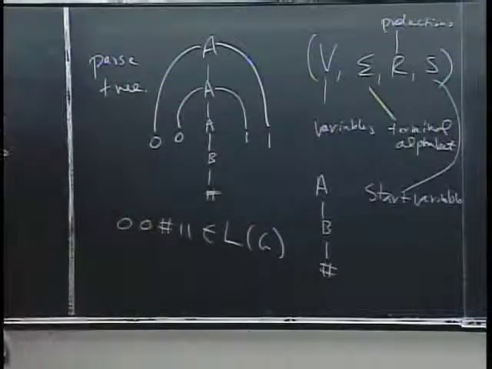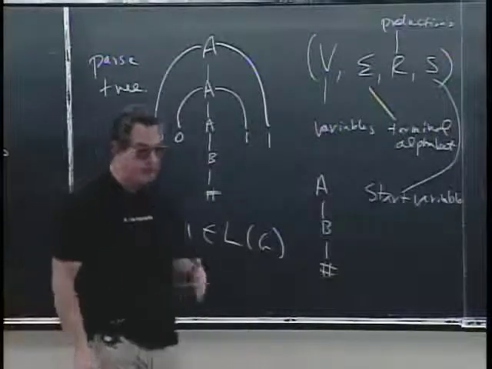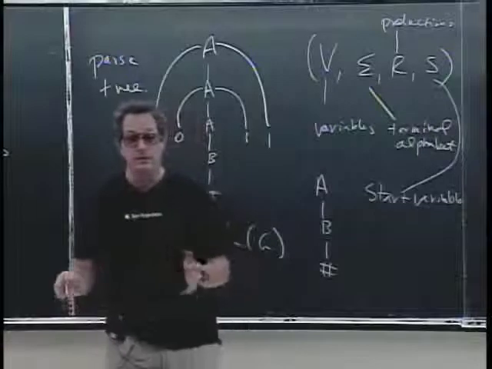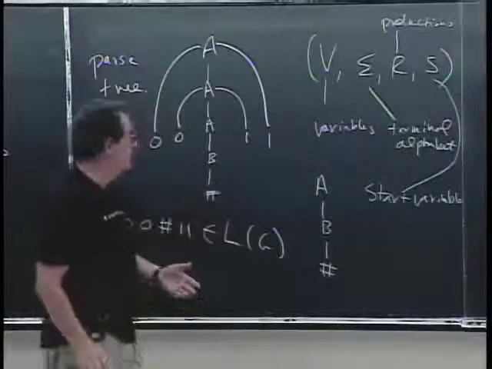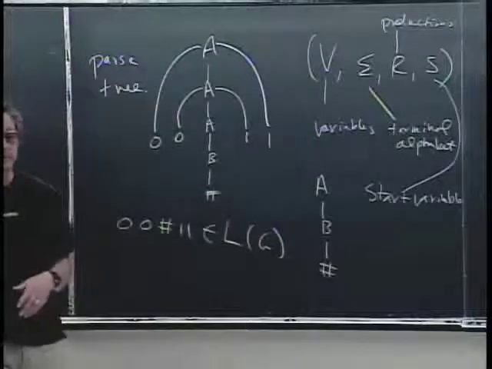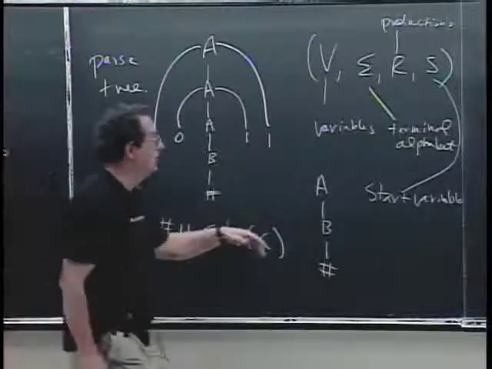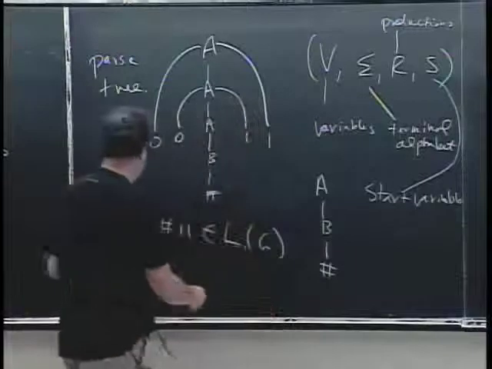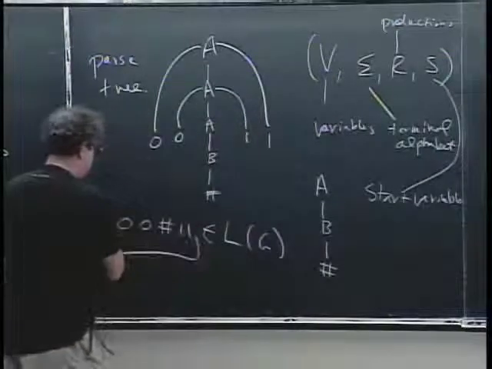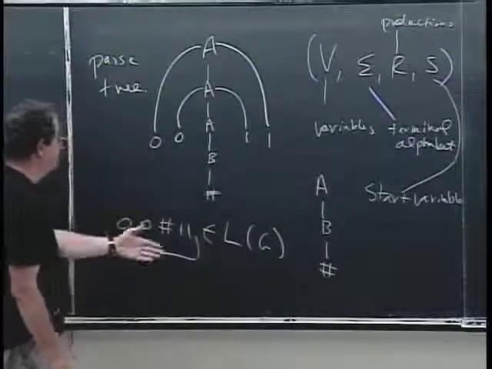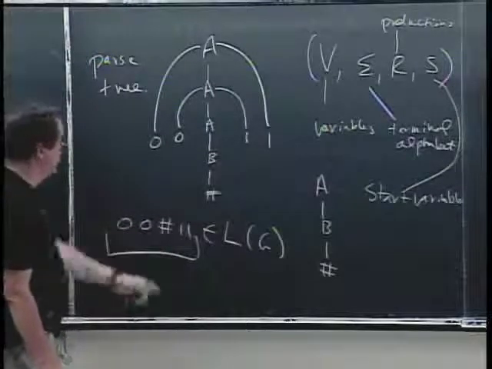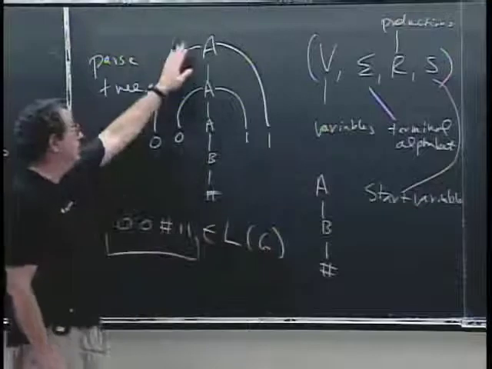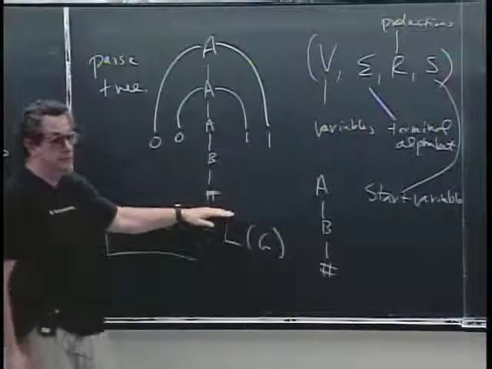And oftentimes, you do have not just the accept and reject question. If you have a string already, in addition to the accept or reject question, you often have the question of finding a parse tree for that particular string. So if you were given this string, you might be asked to determine whether it's in L of G by exhibiting an actual parse tree that can generate it.